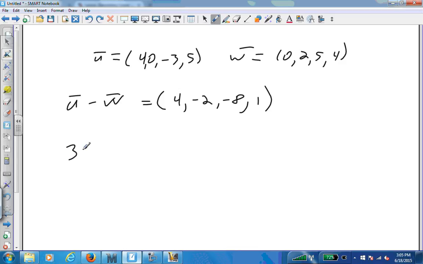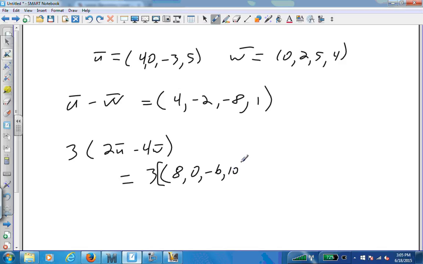If I want to do 3 times (2u minus 4w), of course we need to start on the inside. So let's write out what 2u would be. 2u would be 2 times each of these, so 8, 0, -6, 10, minus 4 times each of those, so 4 times 0, 4 times 2, 4 times 5, 4 times 4.